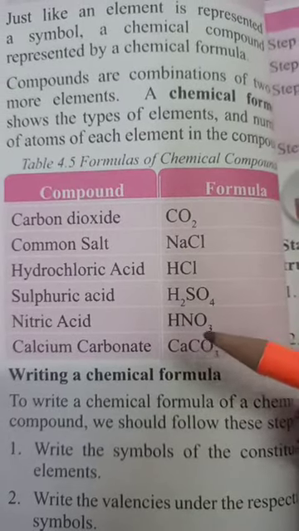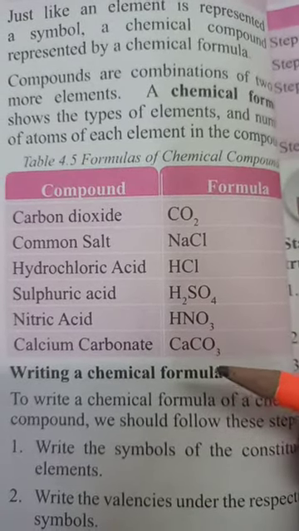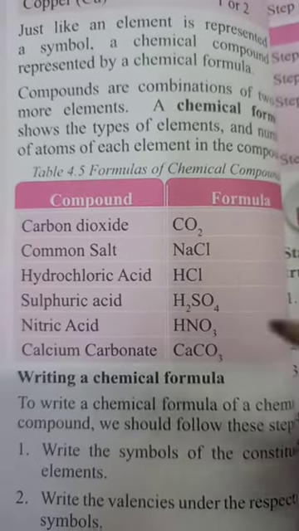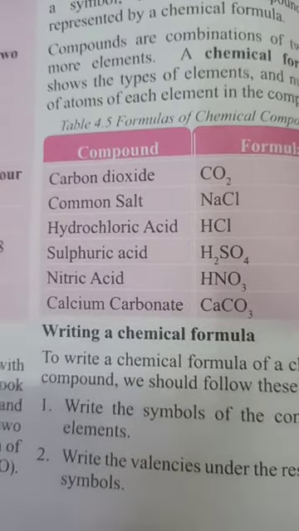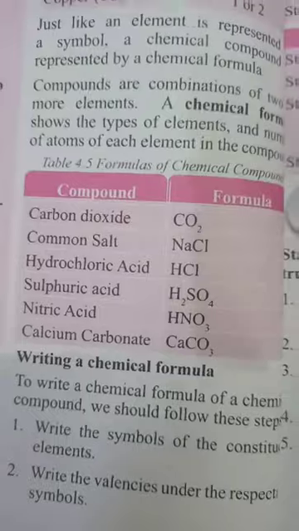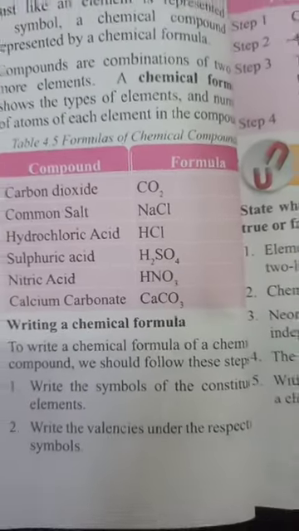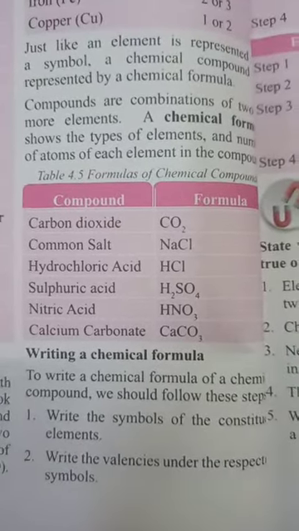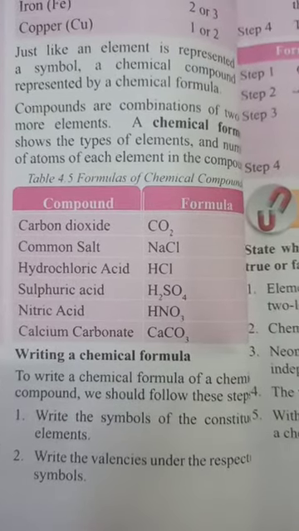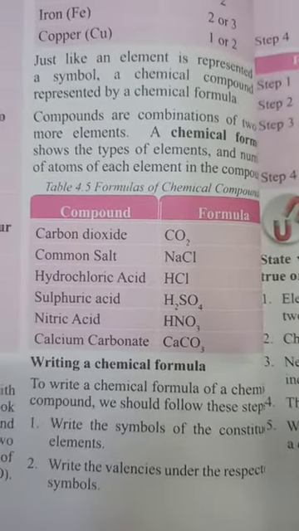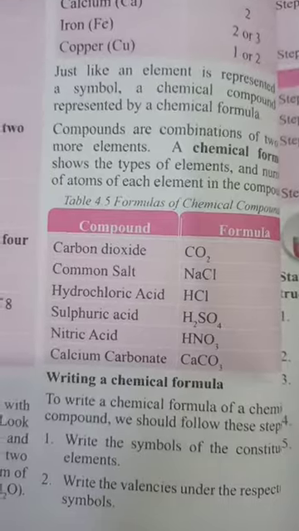Hydrochloric acid, sulfuric acid, nitric acid, calcium carbonate. All these can also be asked from you in the test. So whatever compounds or chemical names are given, you have to learn all these.